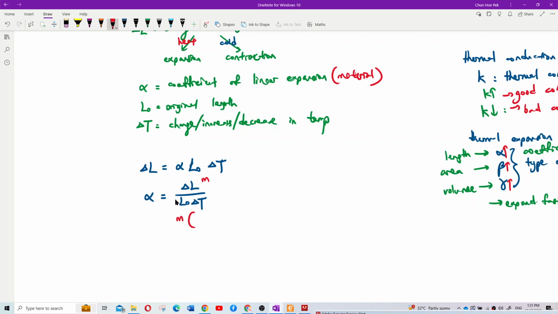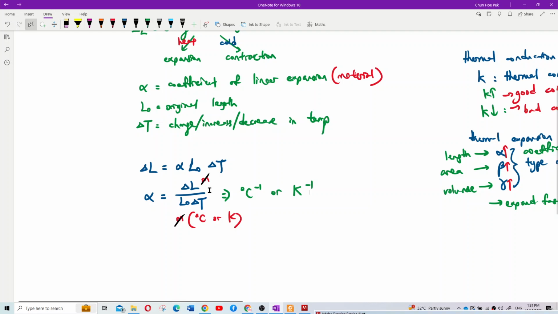Change of temperature can be either degrees Celsius or Kelvin. So you see, class, cancel the meter. So what is the unit for alpha? The unit for alpha is either per degree Celsius or per Kelvin.